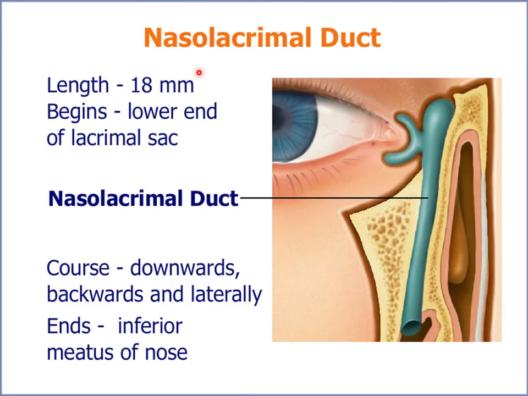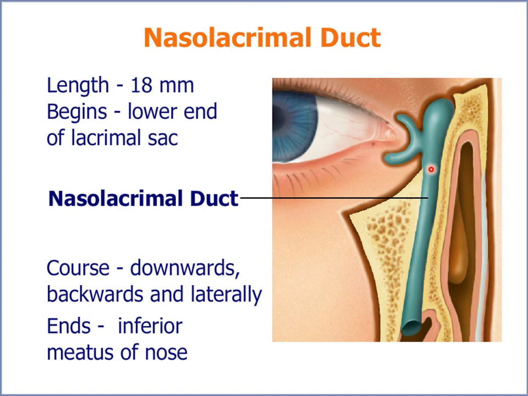Now we will be going to the nasolacrimal duct. It is a membranous duct which is about 18 millimeters in length. It is expanded at two ends and narrow in the middle. The upper end continues with the lower end of the lacrimal sac.